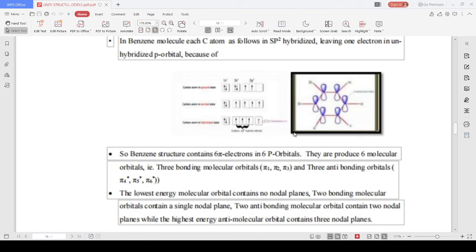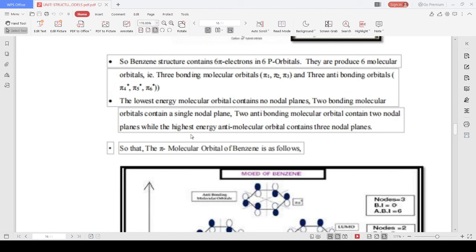The 2 bonding molecular orbitals contain a single nodal plane, the 2 anti-bonding molecular orbitals contain 2 nodal planes, while the highest energy anti-bonding molecular orbital contains 3 nodal planes.